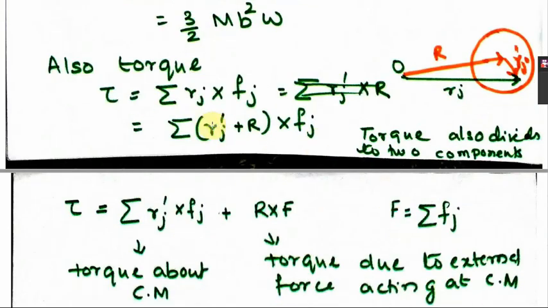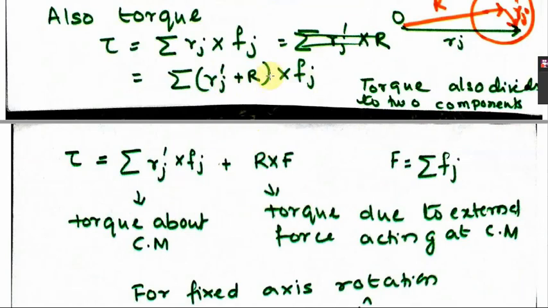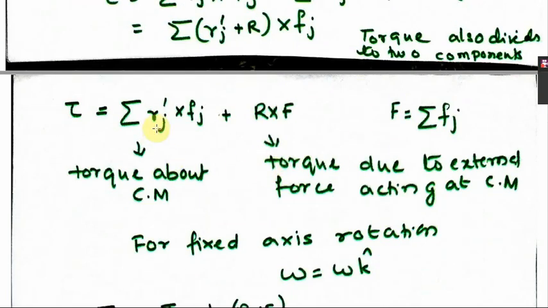Here we can say that the torque is also divided into two components. So you are separating that: sum over Rj prime cross Fj plus R cross sum over Fj. Sum over Fj is the total force F. So I have substituted as R cross F. The first component gives the torque about the center of mass, and the second corresponds to the torque due to the external force acting at the center of mass.